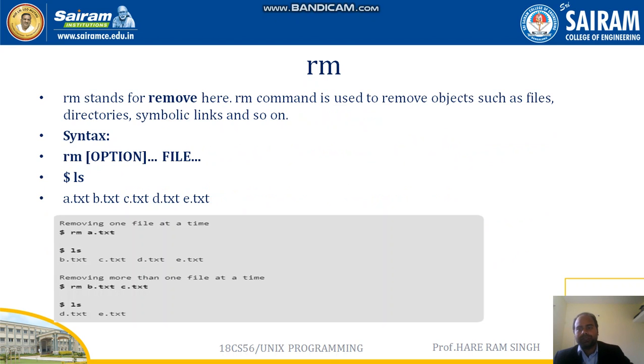Next command which we are going to study is rm. rm stands for remove. The rm command is used to remove objects such as files, directories, symbolic links, and so on. For example, let us see rm with an option. So this is the syntax. First ls shows a.txt, b.txt, c.txt, d.txt, e.txt.